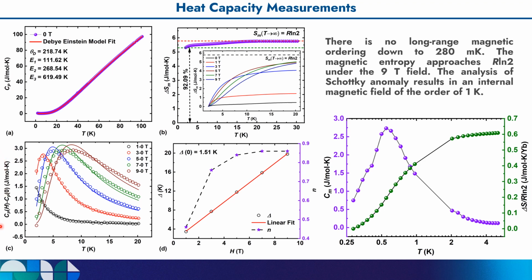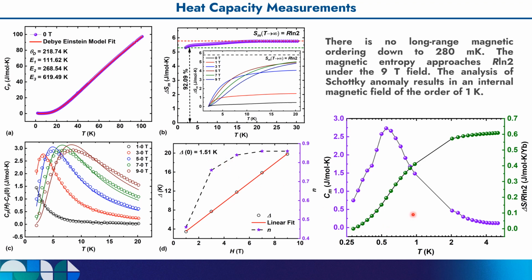So I have singled out the Schottky contribution by subtracting the zero field data and then fitted it with a two level approximation and found that the internal magnetic field is around 1 Kelvin, which would have been zero if there is no internal magnetic field in the system. So this again reaffirms our magnetization measurement, where we have seen magnetic correlation up to 1 Kelvin.